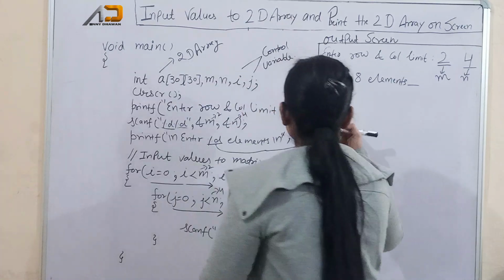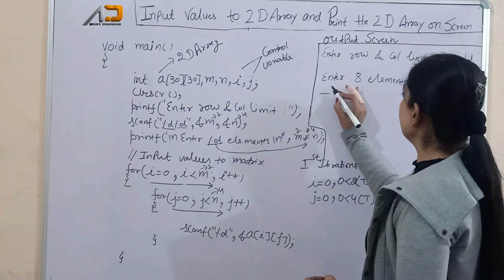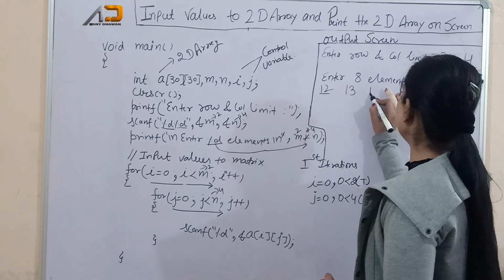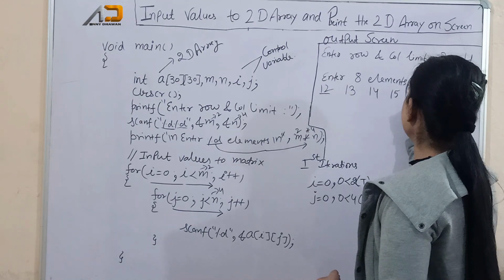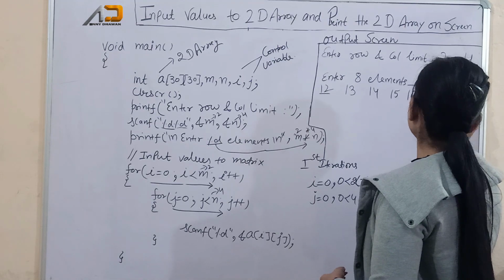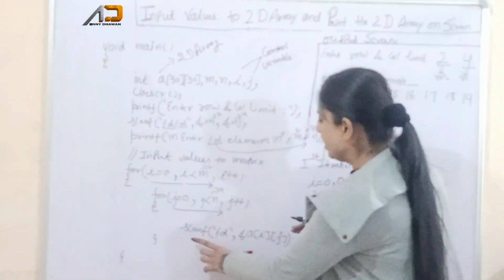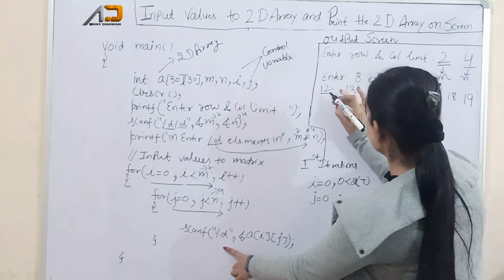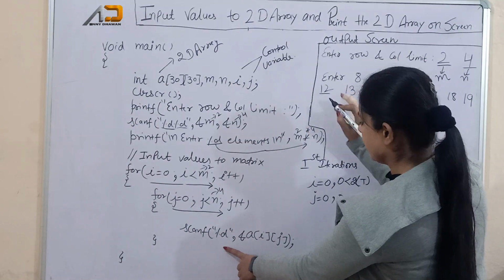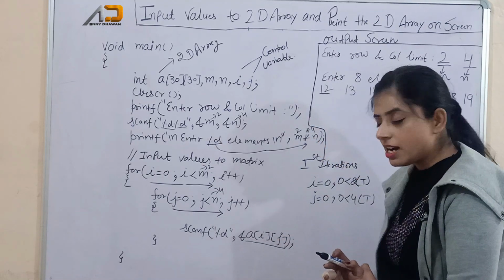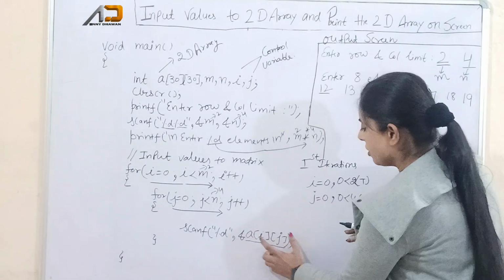I'm going to write here 8 numbers: 12, 13, 14, 15, 16, 17, 18 and 19. So it will read an integer number from the screen and assign it to the variable a of ij.